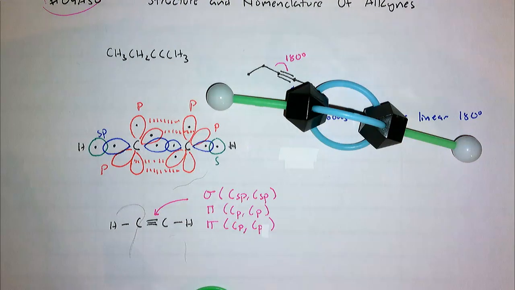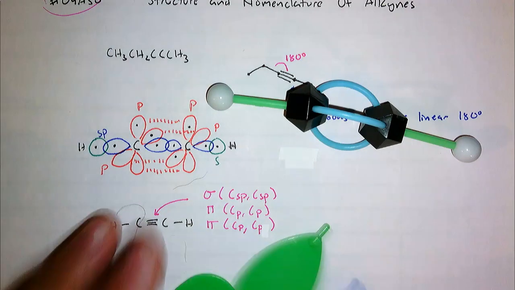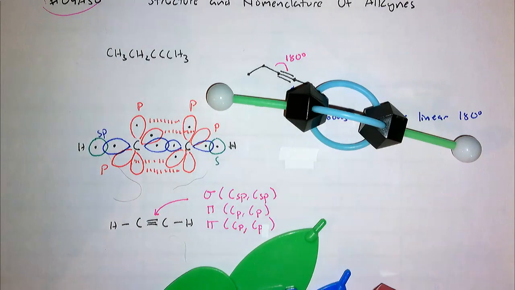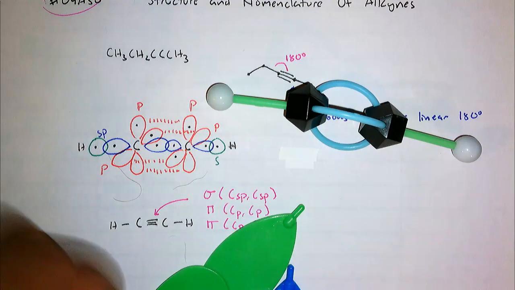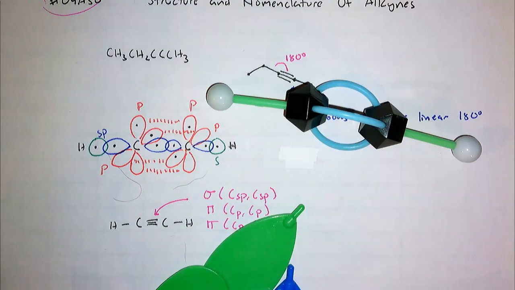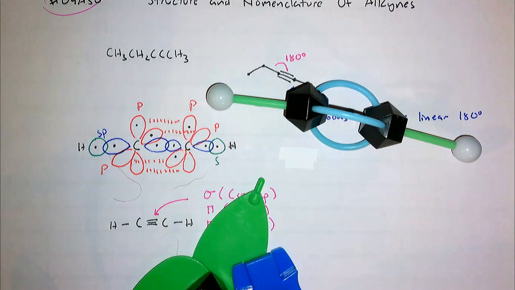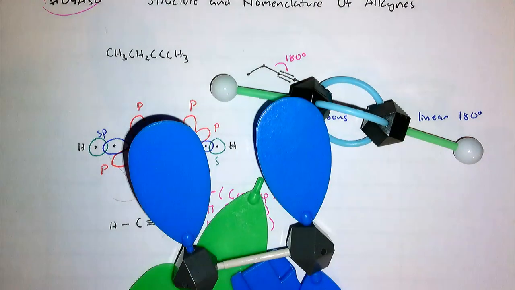Actually, the models also can show us pi bonds using those lobes, and I want to show you that as well. Okay, so we have p orbitals overlapping, and I'll make one set blue and one set green if I have enough pieces.